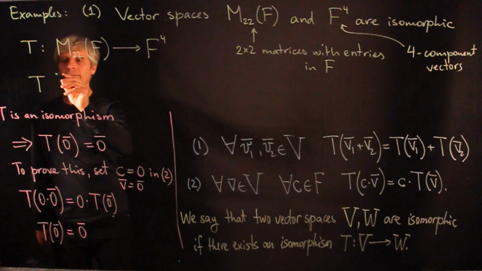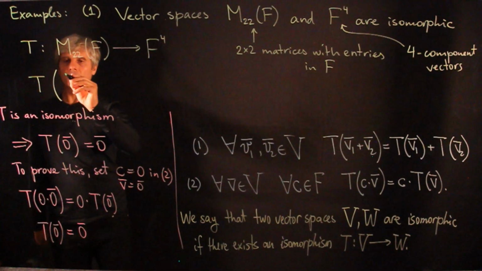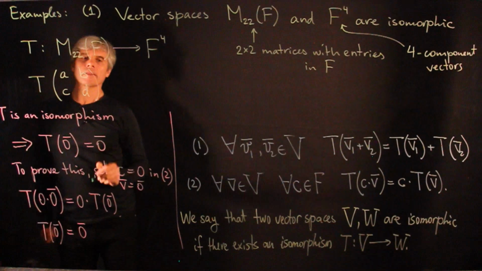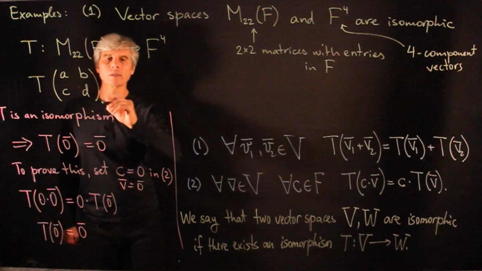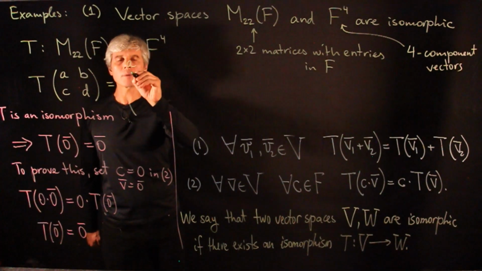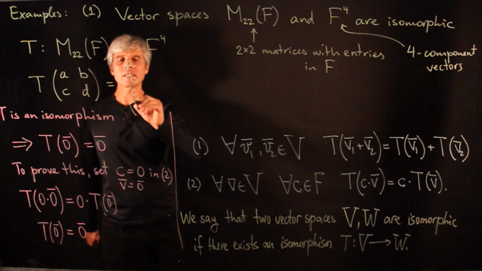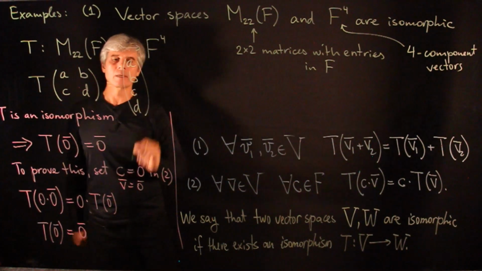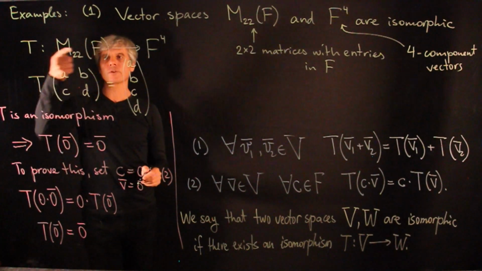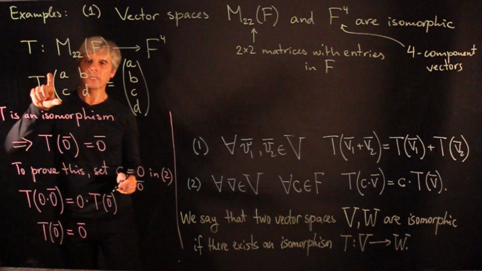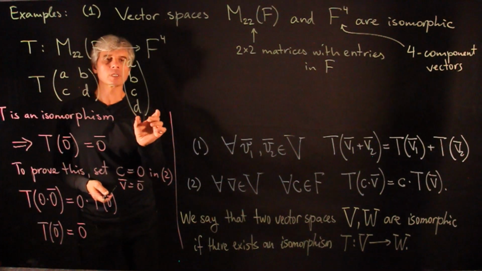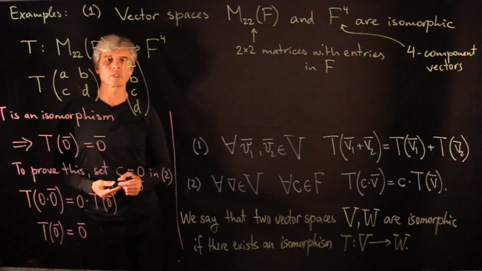So if we have a matrix a, b, c, d, then we transform this matrix into a vector with 4 components, a, b, c, and d. So this is our function, our transformation. So here the input is a 2 by 2 matrix, and the output is a vector with 4 components.